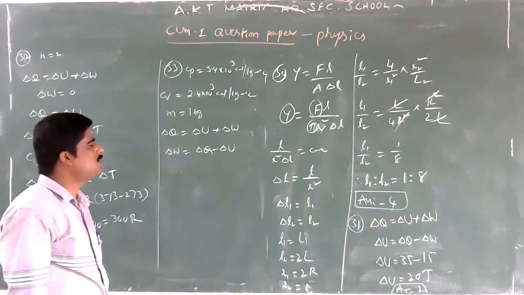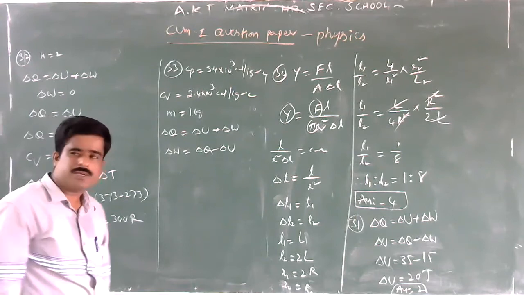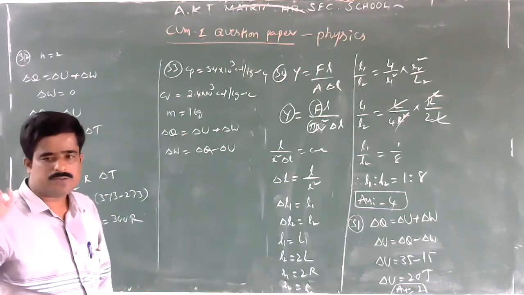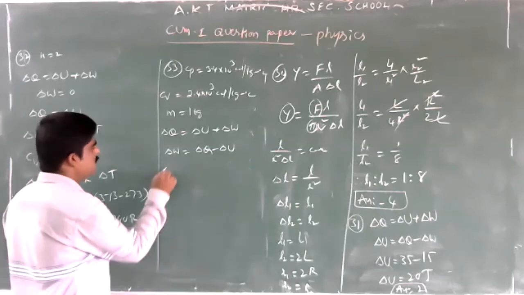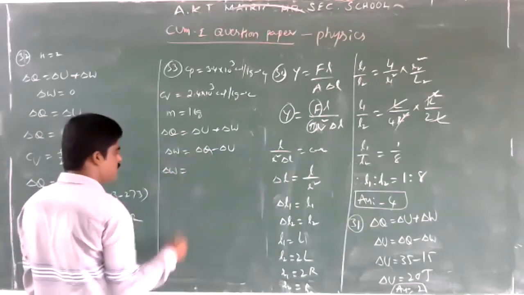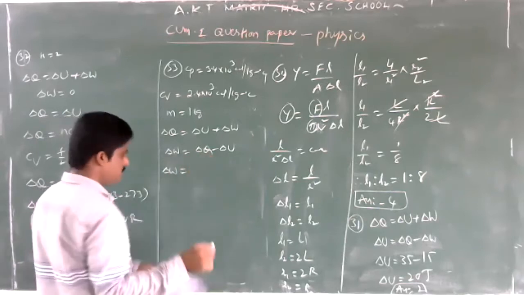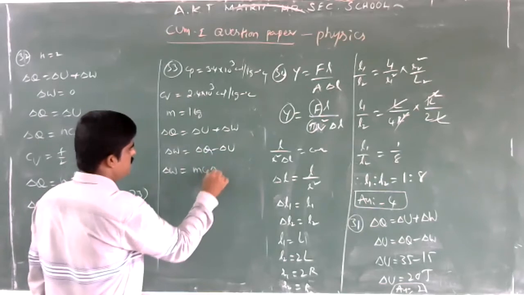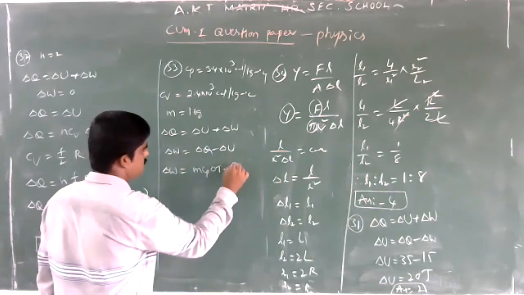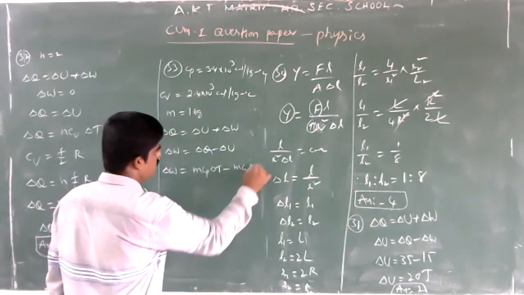But at constant volume, the heat energy given to the system is completely utilized only to increase the internal energy. No work is done. So delta W is equal to delta Q minus delta U, where delta Q is m into Cp into delta T, minus delta U, which is m Cv into delta T from the definition of specific heat.